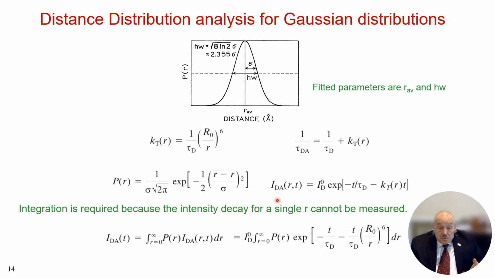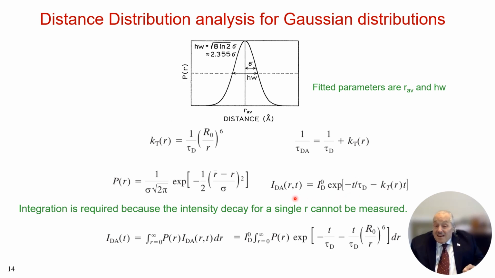So in order to model that, this particular intensity decay has to be integrated over the probability distribution. And that makes it look a lot more complicated, but let me just say it again. We assume they're Gaussian distributions. We can write an intensity decay for the donor at any acceptor distance.